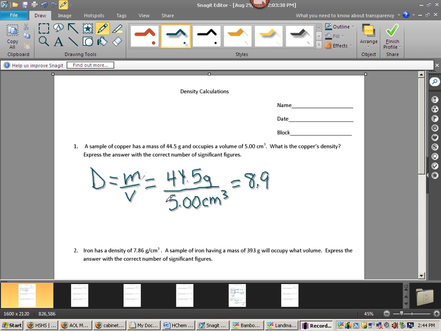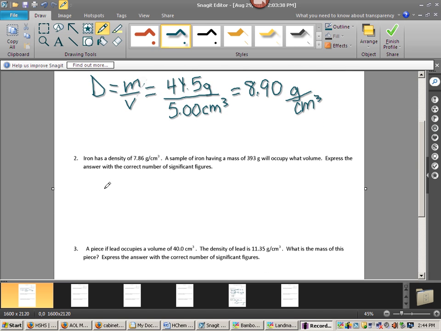Pacific rule: you come in from the left and stop as soon as you hit a non-zero, and everything else is significant. So the 5 and the 0 and that other 0 are all significant. The rule is that when you're dividing 3 by 3, then your answer has to have 3 also. So we're going to put in a 0 here. And so 8.90 grams per centimeter cubed.